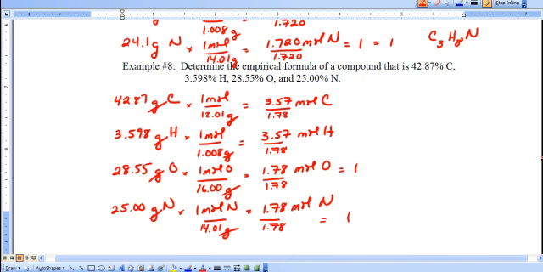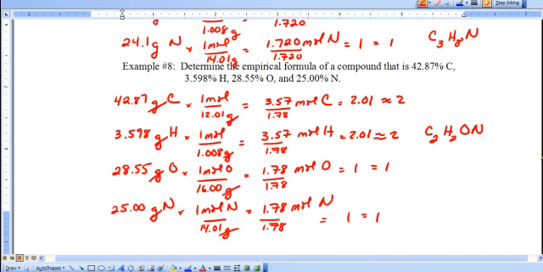It's actually 2.01, and so that's close enough to 2. And so our empirical formula will simply be C2H2O1N1, of course dropping the 1s, and so it's C2H2ON.